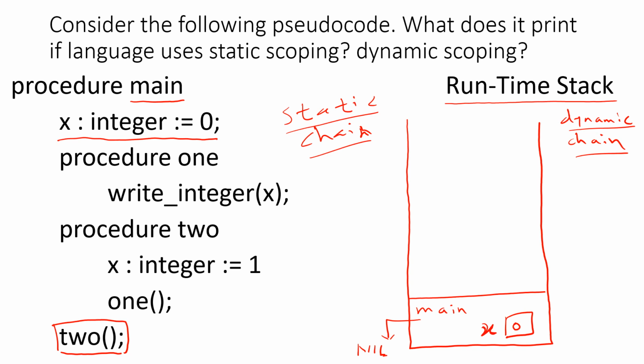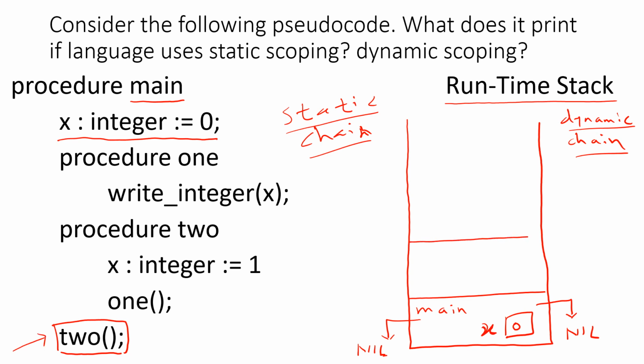Why? Because main is the outermost procedure defined. Main is not defined in any other procedure. And the dynamic link for main is also nil, for the simple reason that main is the first procedure called. Main is not called by any other procedure.